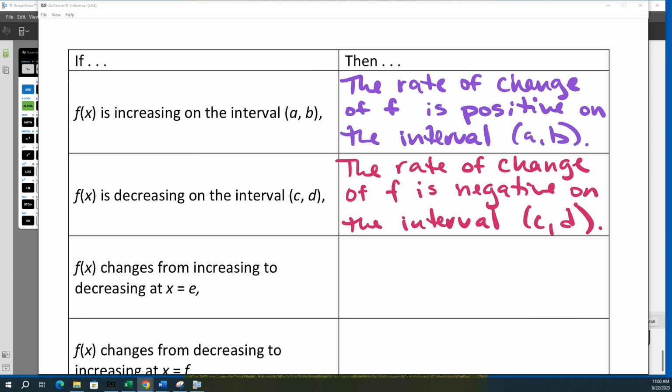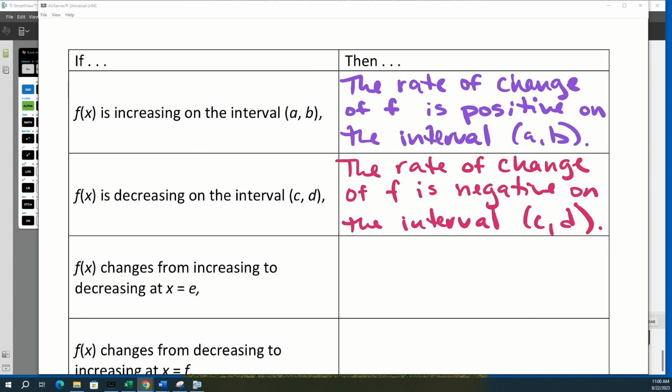So that was stuff we've already talked about. We might not have worded it that way. We might have said slope instead of rate of change. But the next two are from today. So if f changes from increasing to decreasing, you can draw it if you need to, what is going to be at that point? Relative maximum, thank you.